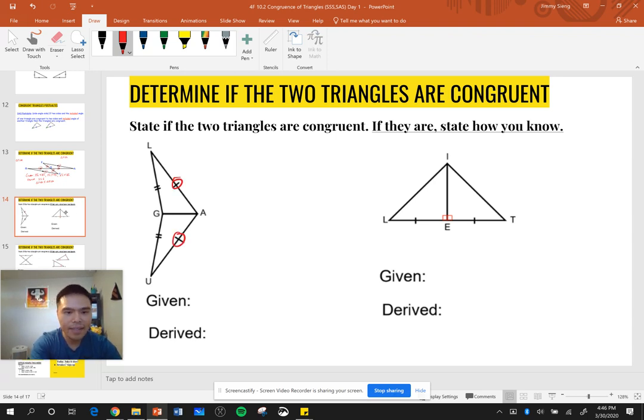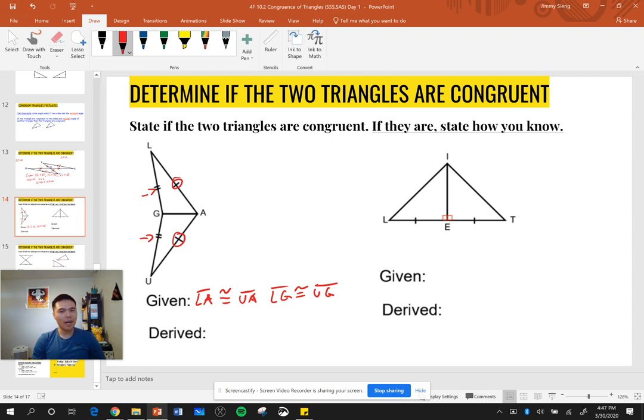So LA is congruent to UA. And I also have these other parts: let's call it LG, is congruent to UG. So it looks like I have sides, but I don't know if GA, split between, is going to be congruent as well.